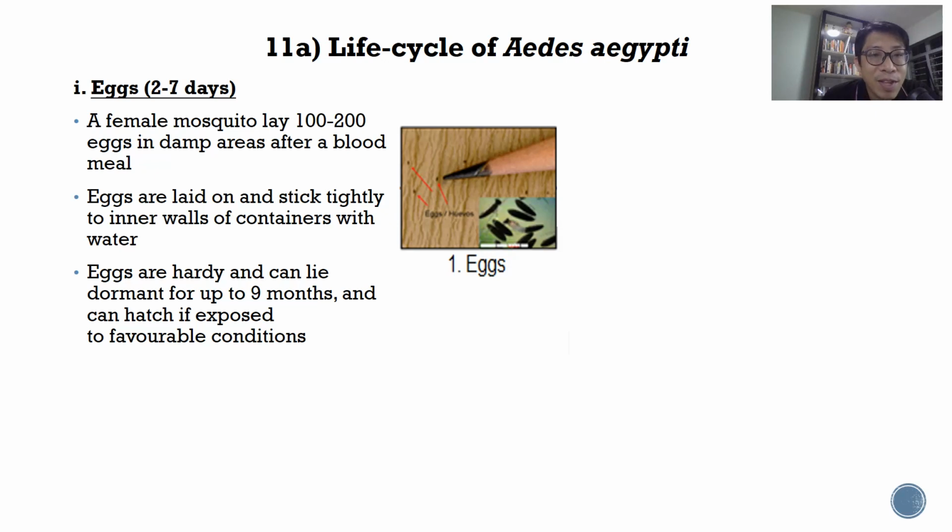Which means even if we pour away the water in the containers, if we don't clean the containers thoroughly by scrubbing the inner walls, the eggs can remain stuck on the inner walls of the containers. So the moment there is water collected in the containers, the eggs can hatch as long as the eggs are still alive, which can be for a long time.